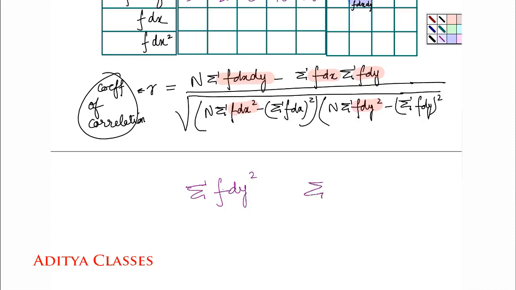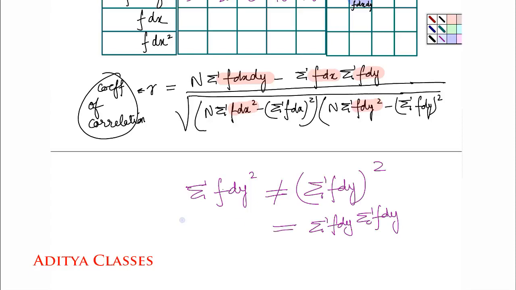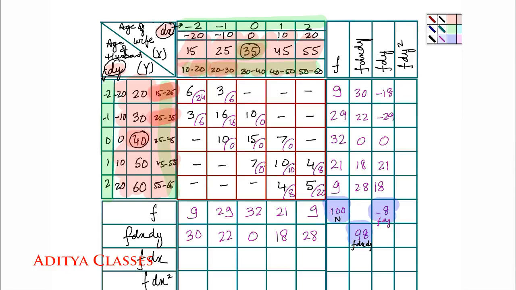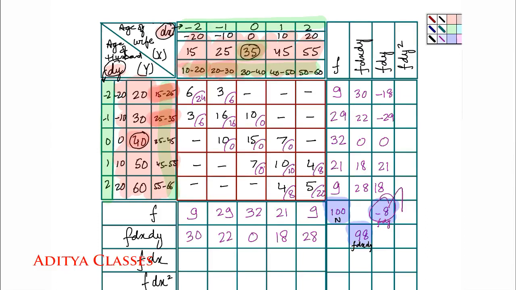Now, taking f dy and squaring is not same as f dy square, because what you have done over here is you have multiplied sigma f dy to sigma f dy, while what was required was summation of f dy multiplied by dy. So I needed this, but you have found out this. This is an error that most of the students commit all the times. They just go ahead and square it and put it over here. That is wrong.